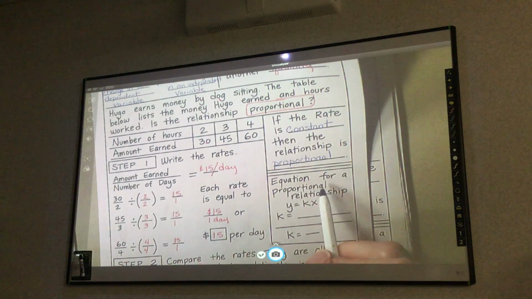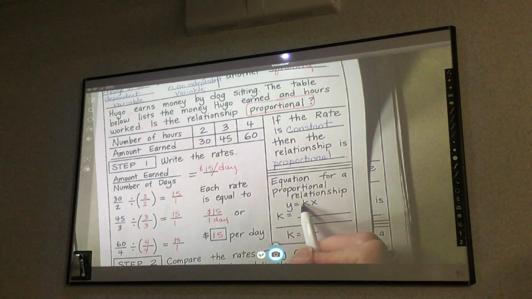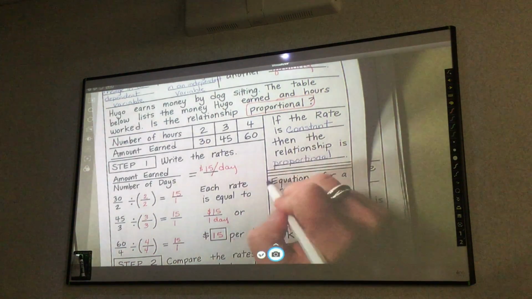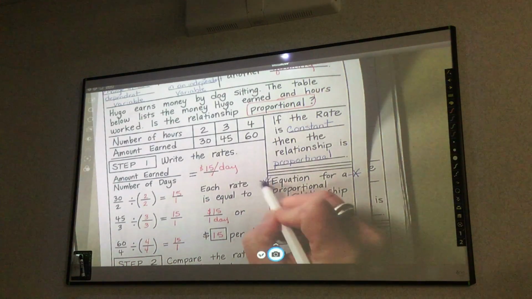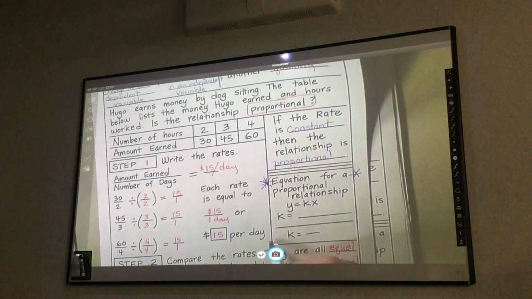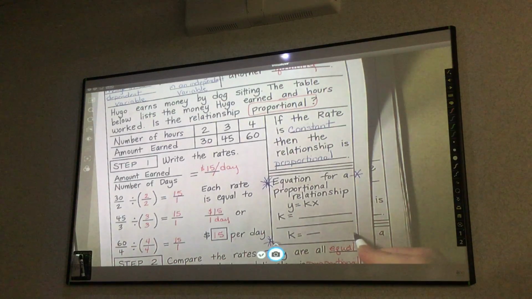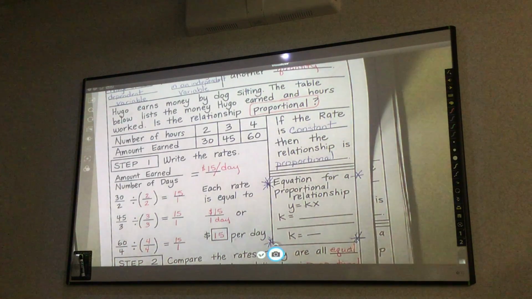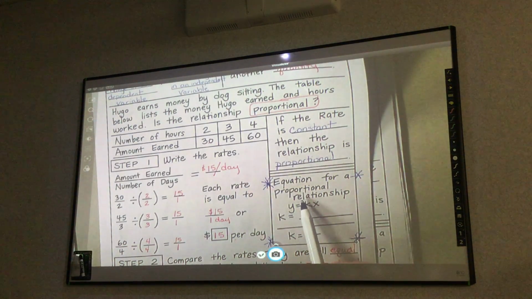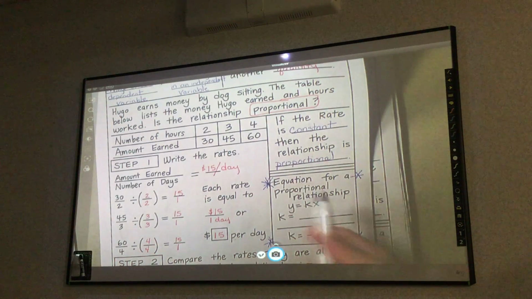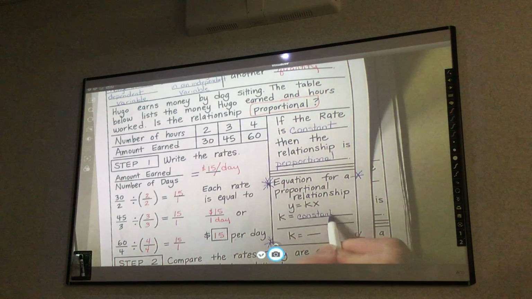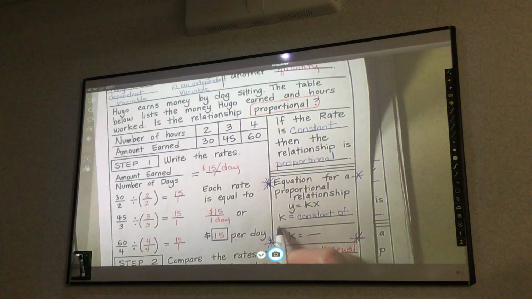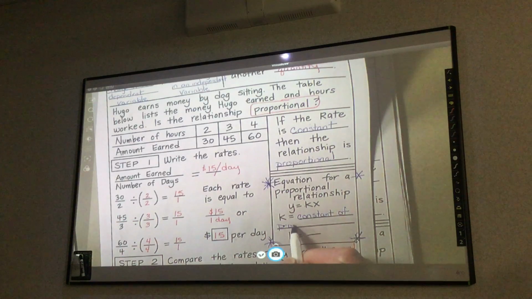Equation for a proportional relationship is y equals k times x. This is very important for us to know right here. You're going to come back to this a lot in this chapter. I'm going to put stars around this whole box. So equation for a proportional relationship, y equals kx. K is the constant of proportionality.